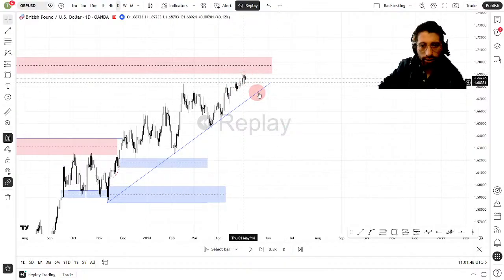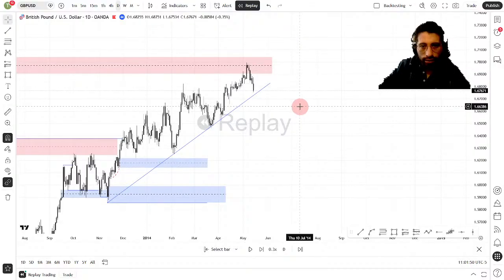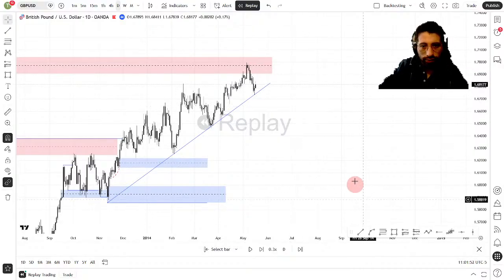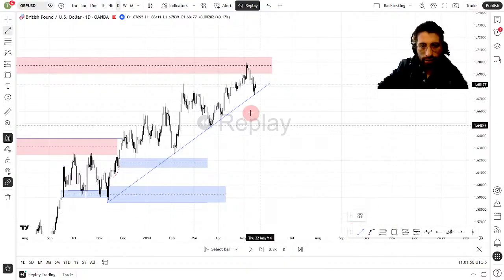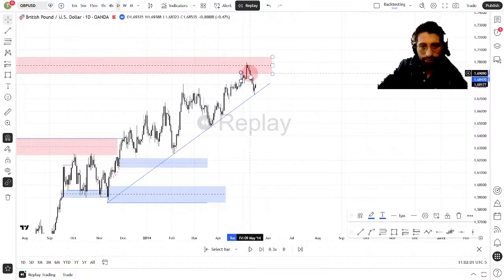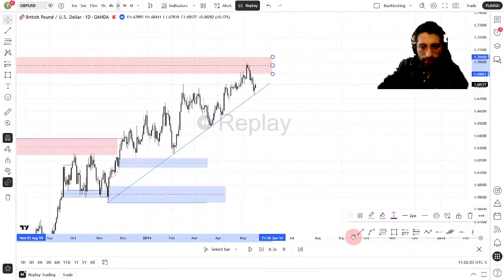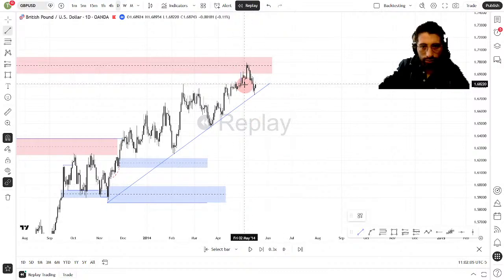Good, it entered here. We're fine. Let's see if we see any type of retracement. We are seeing it. Now look at the next. The liquidity has been taken here of these highs. Now we have this BOS, break of structure.